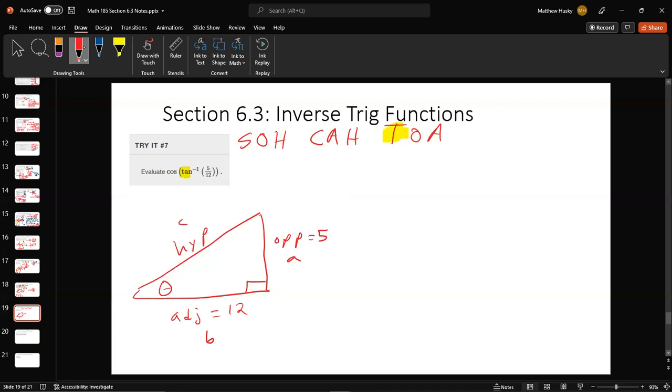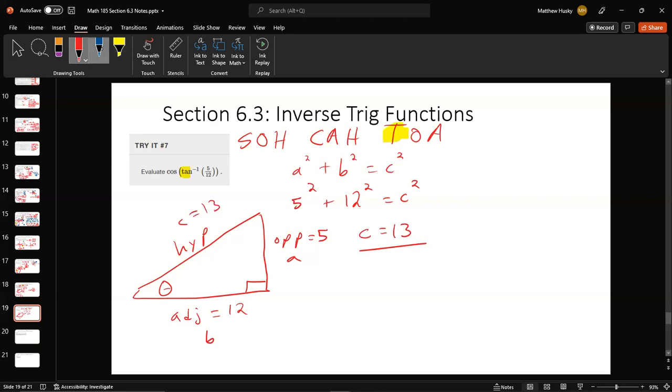Use A squared plus B squared equals C squared. That's going to be 5 squared plus 12 squared equals C squared. If you work out what that is, you're going to end up with C equaling 13.